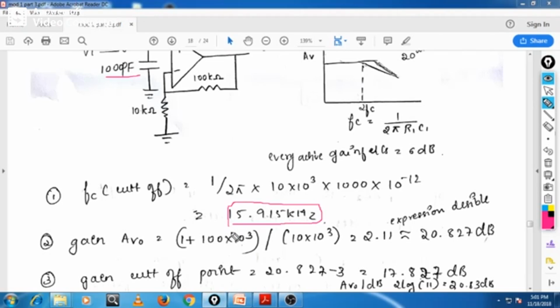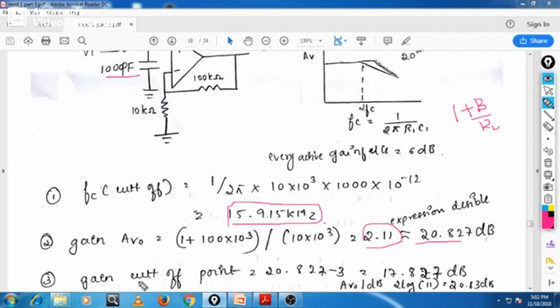Now the gain at the cutoff frequency. There is a formula for the gain at the cutoff frequency. We have to remember the formula, something like R3 by R2, which we have seen. When you substitute, you will get 2.11, and in decibels, 20 log 2.11 gives 20.827 dB.